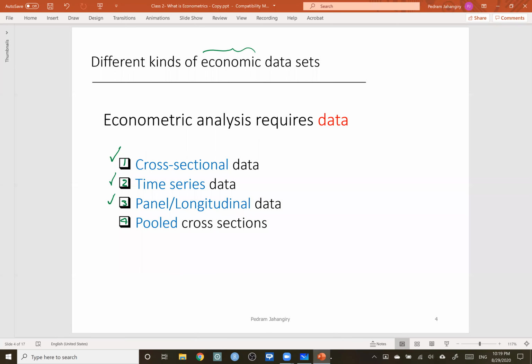Finally, the last one is pooled cross-section. What is pooled cross-section? As you can guess, it has something to do with multiple cross-sections. Let's say we have two cross-sections, three cross-sections, and we're pooling them together. So it's not panel, it's not cross-sectional, it's not time series, it's multiple cross-sections combined together. Let's look at an example.